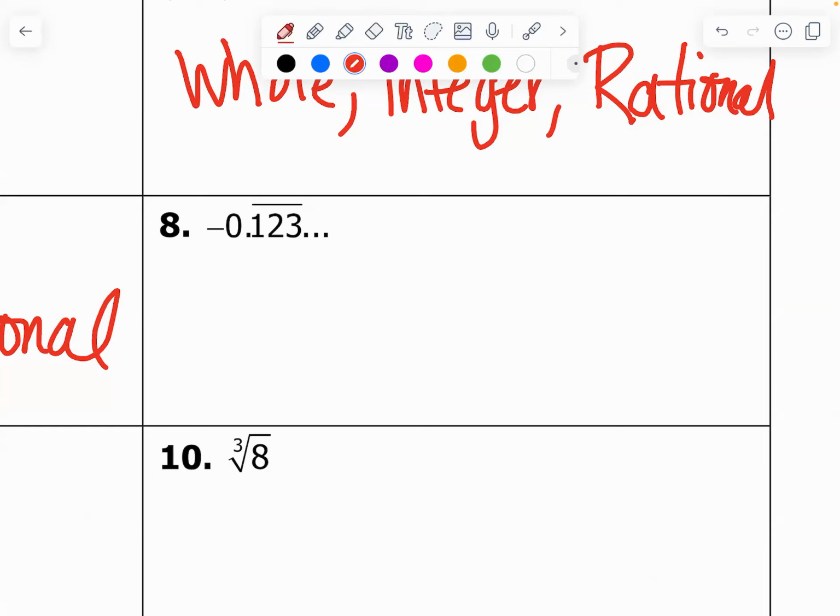Where would we put this one? In the irrational, because it's never ending numbers. But okay, it's true, it never ends, but it's repetitive. If there's repetition with our never ending, then we put it in the rational because we could write it as a fraction.